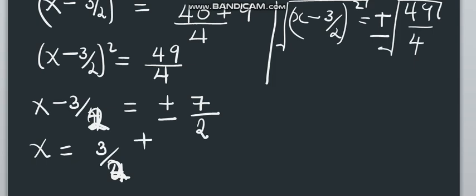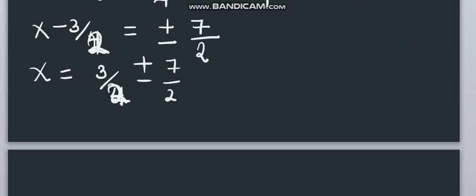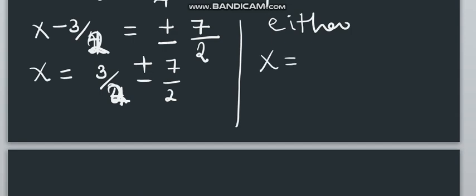Then plus or minus 7 out of 2. And to obtain the value of x, we shall say either x is equal to 3 out of 2 minus, we first take the minus 7 out of 2.